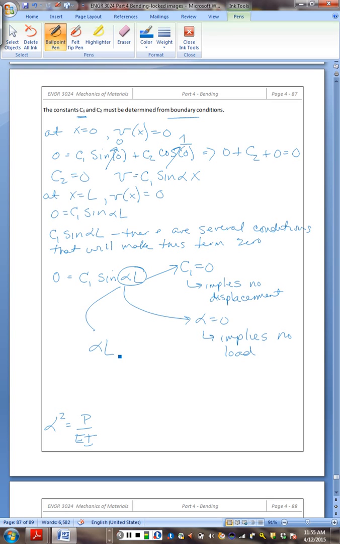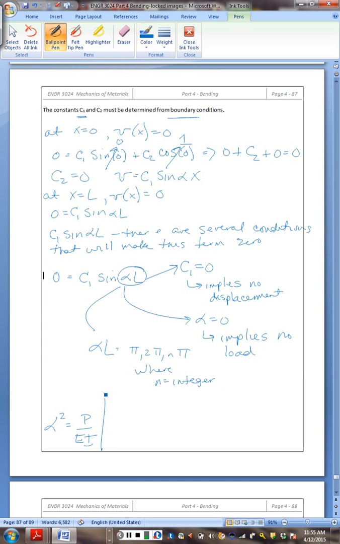And then the third way that this could be 0 is because this is a sinusoid, if the argument of the sine, if the alpha times L term is equal to pi, 2 pi, n pi, where n is an integer, that also equals a 0.